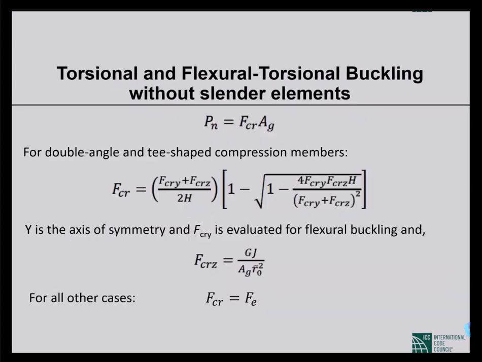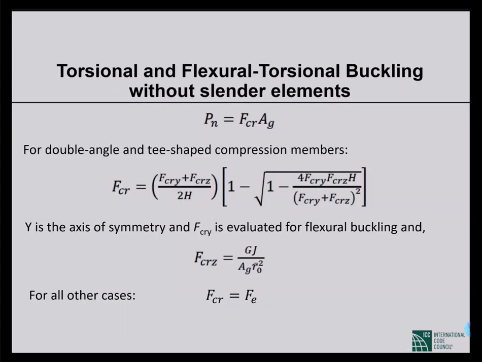Now, in case of unsymmetric members, that is, members that don't have two axes of symmetry, there we can expect flexural torsional buckling, right?